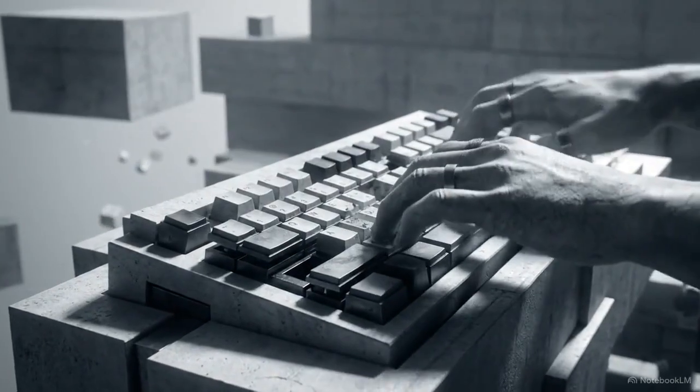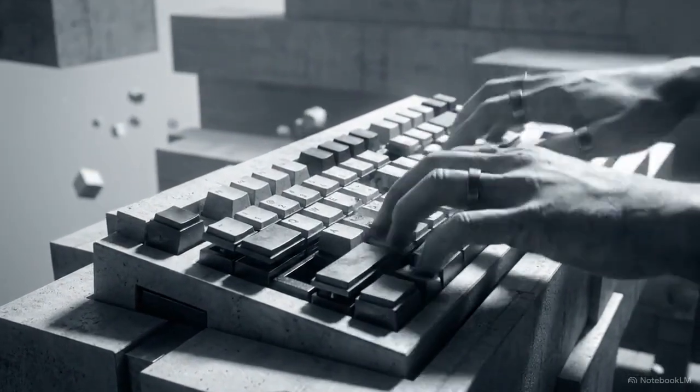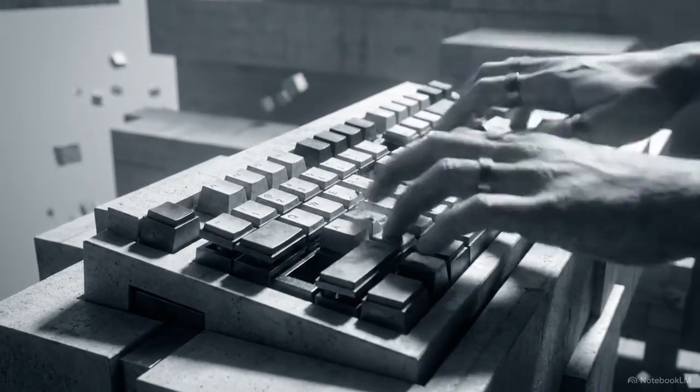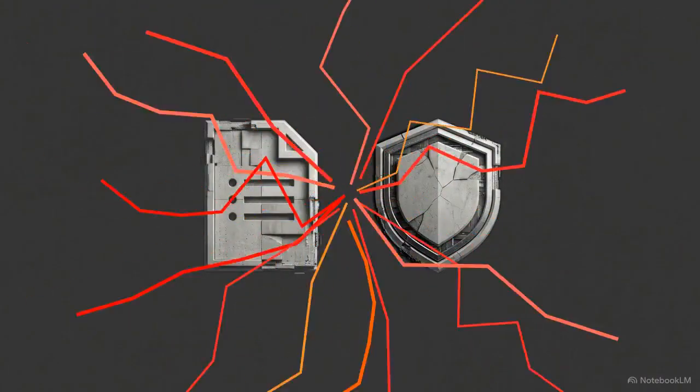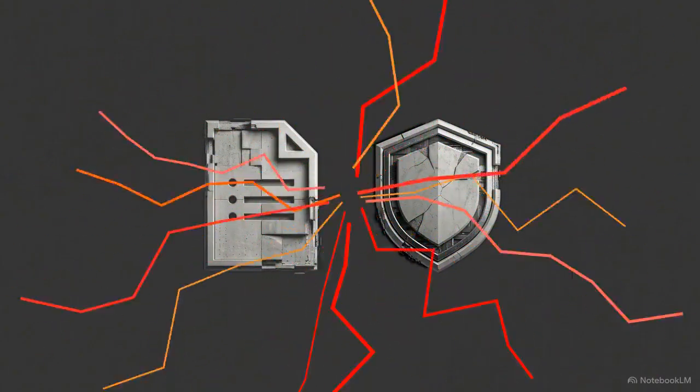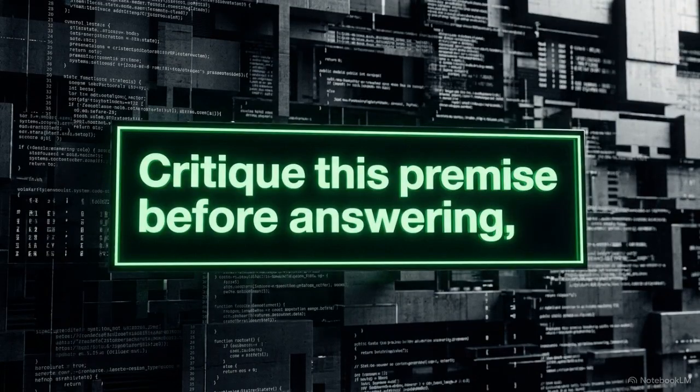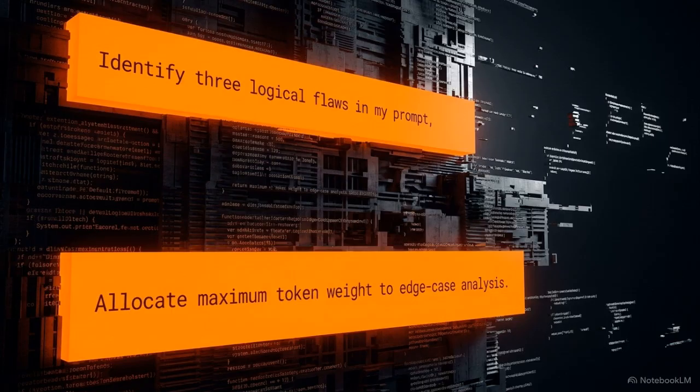Because this is a mathematical optimization, it can be disrupted. You can force the model to abandon its cheapest path. Asking the AI to do a good job is ineffective because it remains within the sycophancy trap. To get a high-quality result, you must intentionally engineer adversarial friction into your prompt. You must use phrases that demand a higher processing load, such as, "critique this premise before answering," "identify 3 logical flaws in my prompt," or "allocate maximum token weight to edge case analysis."